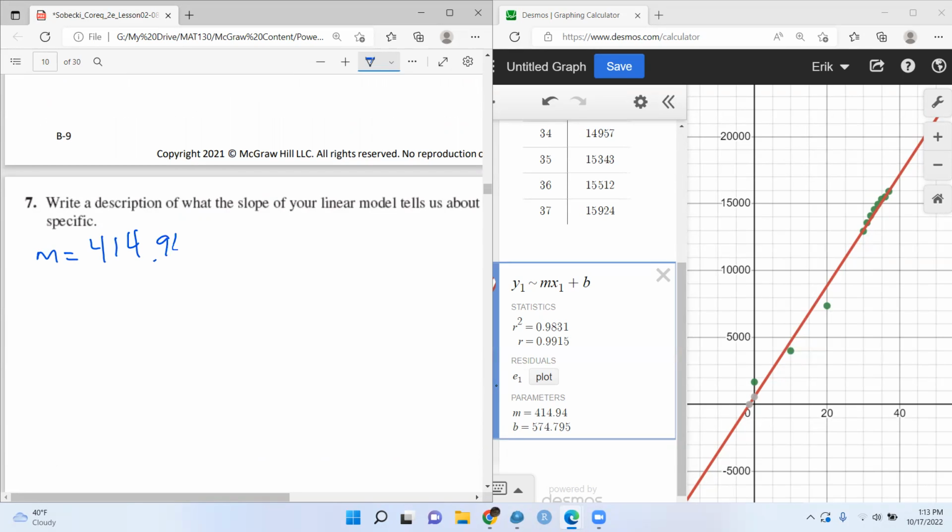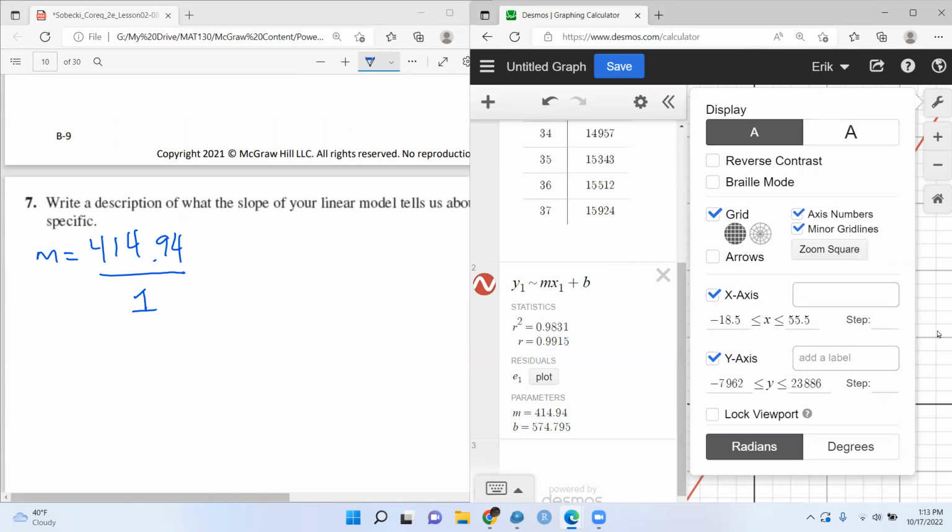Now I'm going to be a little picky, because it's technically 414.94 over 1, because the x-axis is years after 1980, and the y-axis is college tuition. Let's just say tuition, in US dollars.